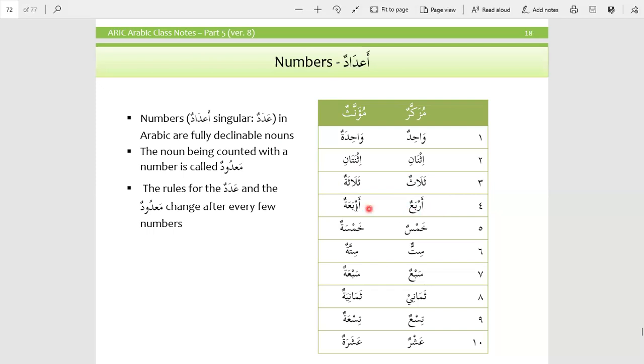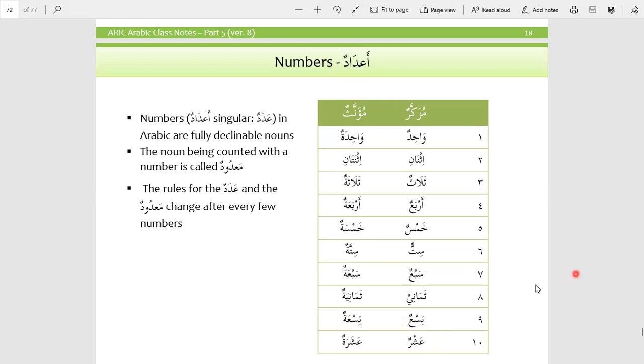Arba'un, arba'atun, this is 4. 5, hamsun, hamsatun. 6, sittun, sittatun. 7, sab'un, sab'atun. 8, tamaniyun, tamaniyatun. 9, tis'un, tis'atun.